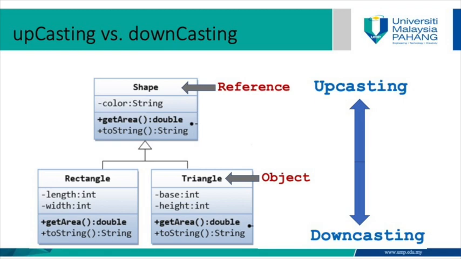When we use upcasting, we refer to the parent, and we call it a reference. When we do the downcasting to the child class, we use the object, as earlier we defined the S1 and the rect object, in order to use the specific method in the Rectangle class.